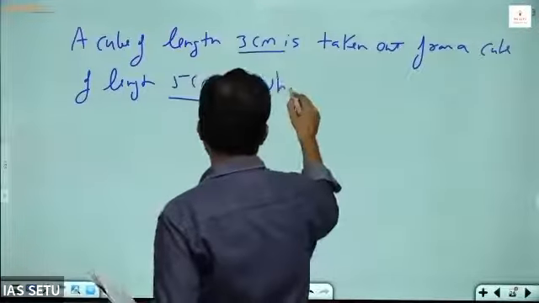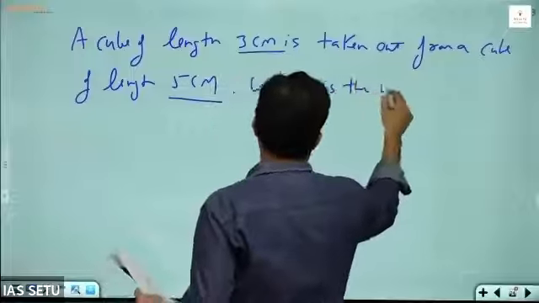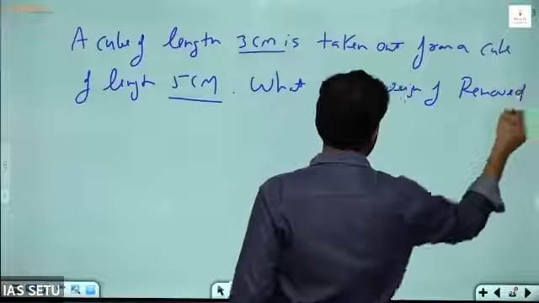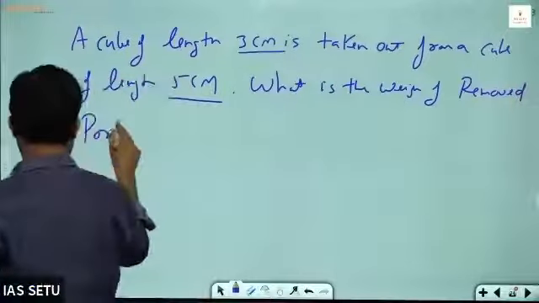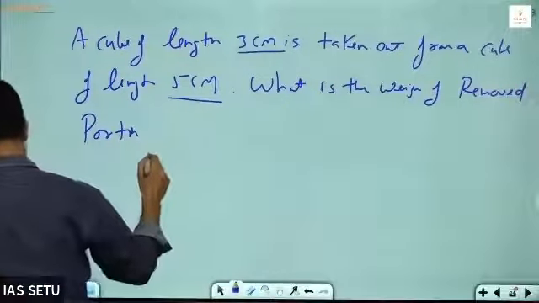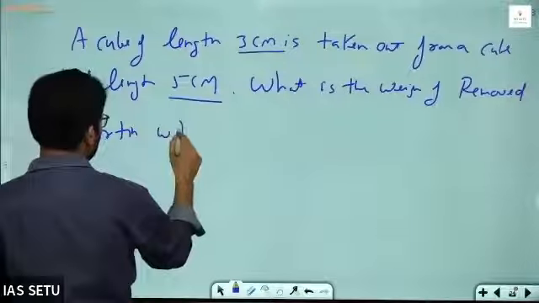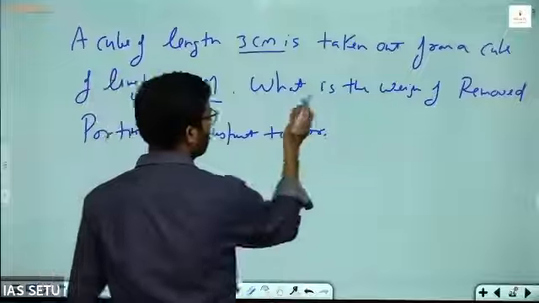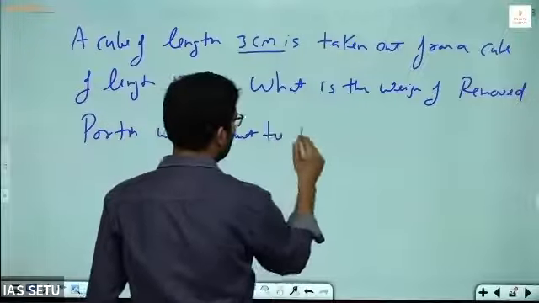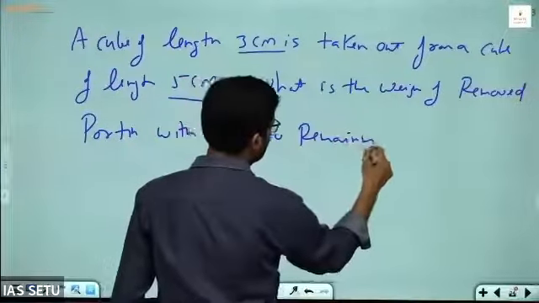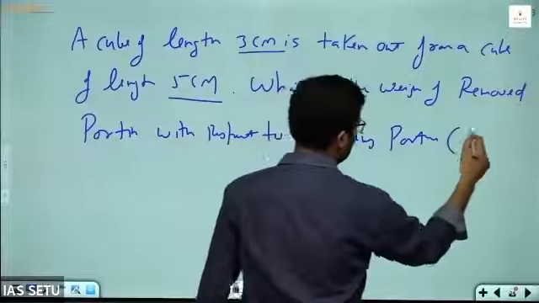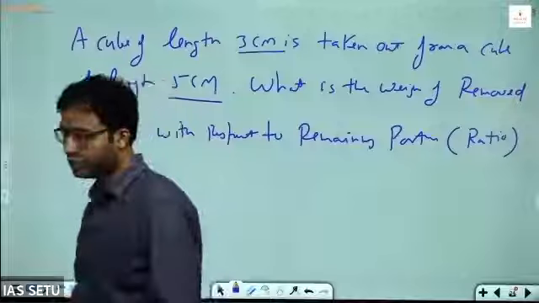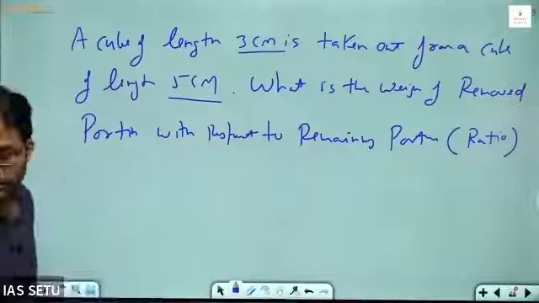What is the weight of removed portion with respect to original cube, or with respect to remaining portion in term of ratio? In term of ratio, what is the weight of the removed portion with respect to remaining portion?